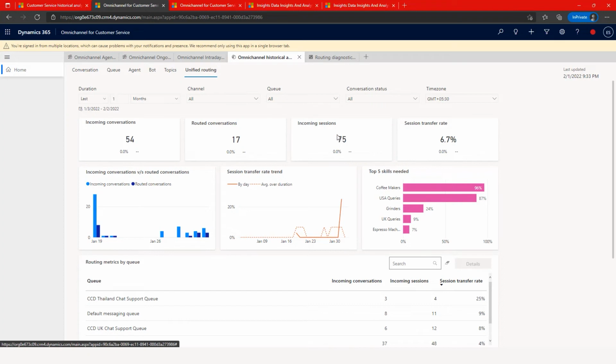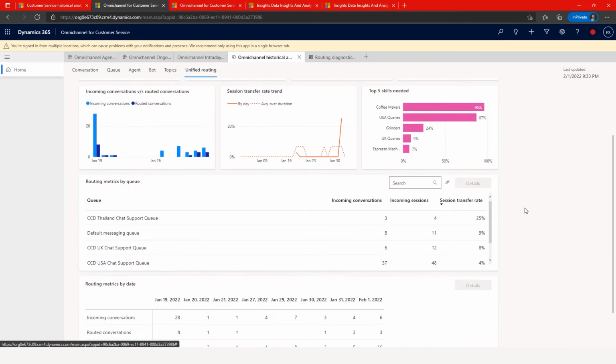Also, for 54 conversations, almost 75 sessions have been created, which is alarming, because generally a session indicates interaction between agent and customer. If more sessions are getting created for a conversation, that essentially points to a high transfer rate of the conversations. Now, if the transfer rate is well above 2%, Eugene would need to dig deeper into this entire setup.